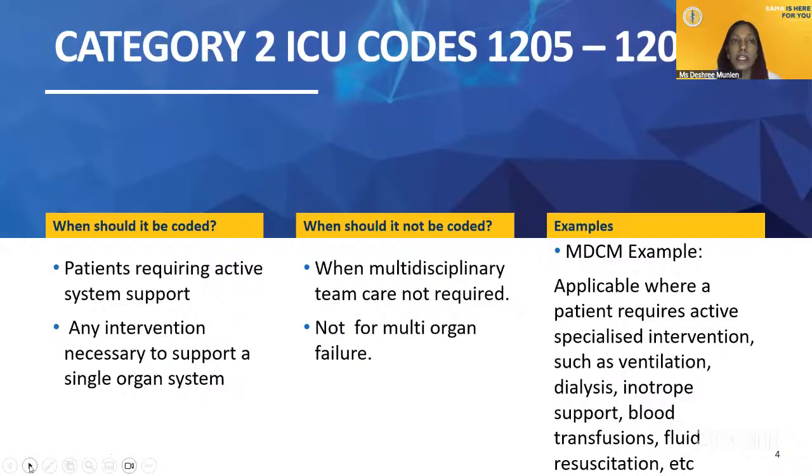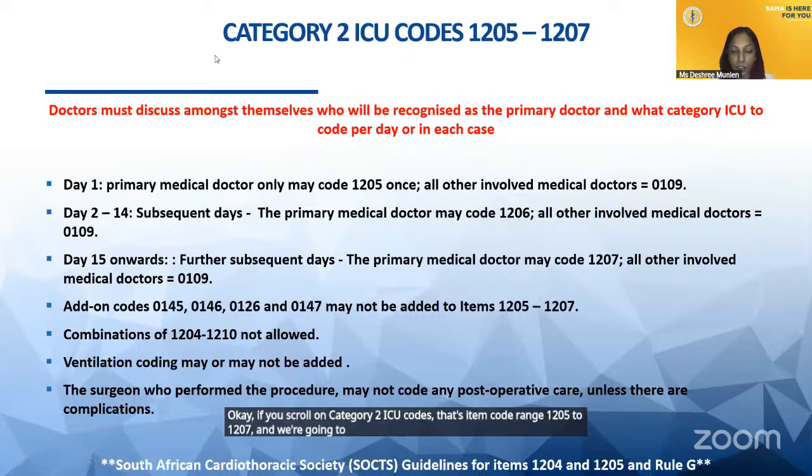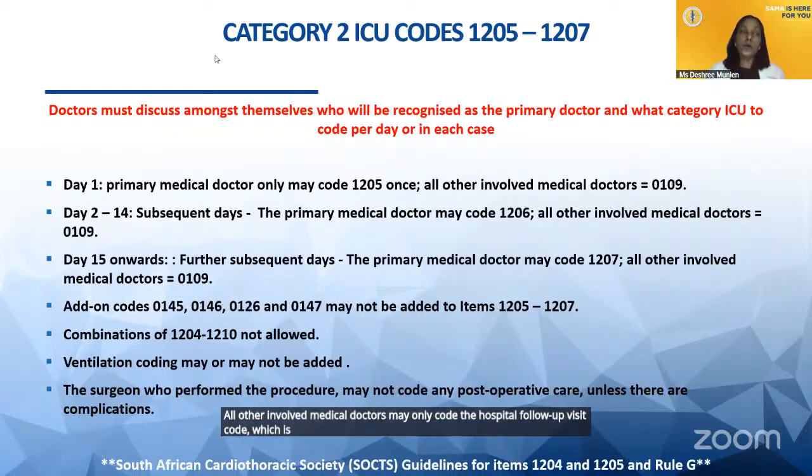Okay, we're still on category 2 ICU codes. That's item code range 1205 to 1207, and we're going to look at the appropriate coding for this code range. For day 1, the primary medical doctor may code 1205 only once. All other involved medical doctors may only code the hospital follow-up visit code, which is code 0109.